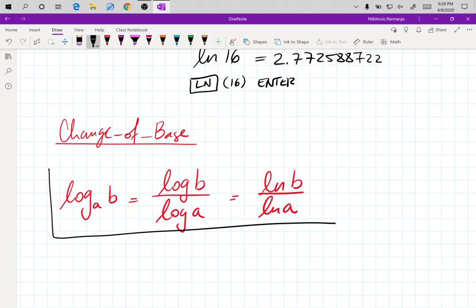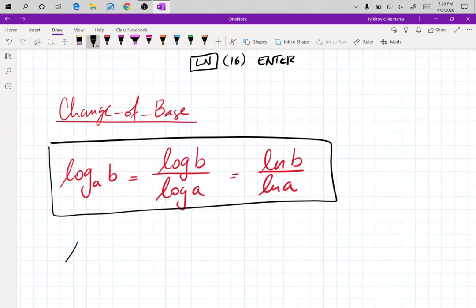So now we have this change of base formula, and this change of base formula allows me to calculate log base 7 of 213. Just to toss in any numbers. So I can't compute this on the calculator because I do not have the button for base 7.